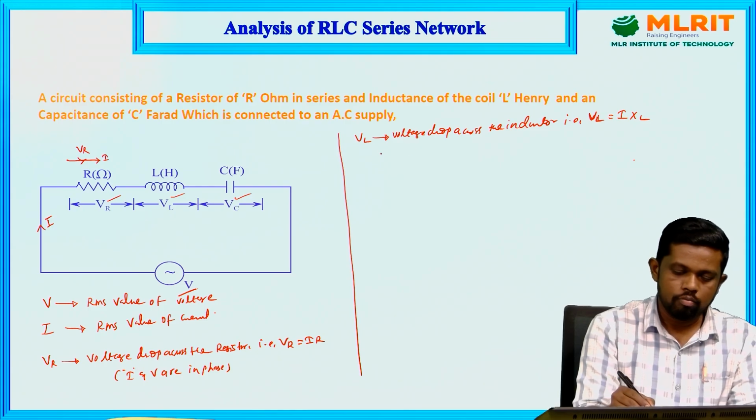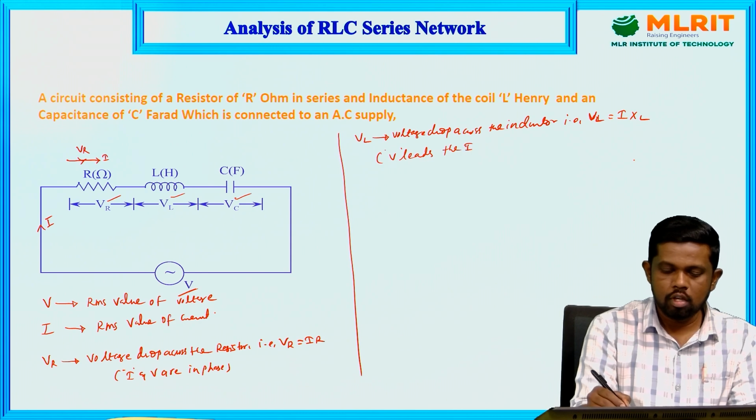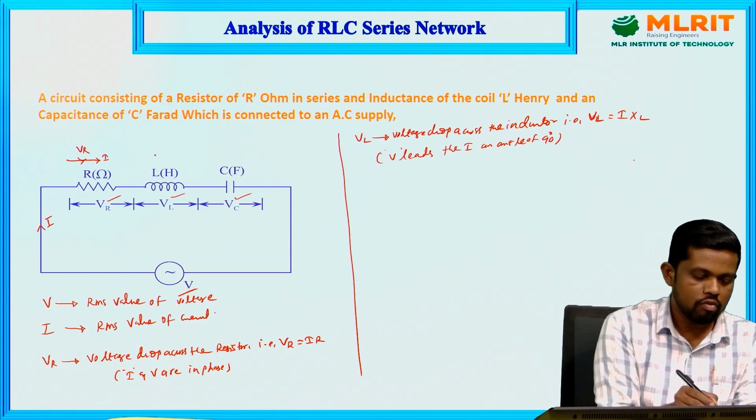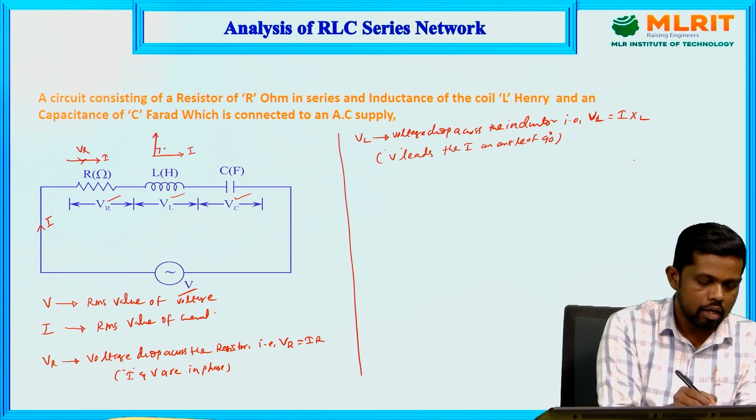So V leads the current by an angle of 90 degrees. Taking the current as the reference, in the case of an inductor the voltage always leads by an angle of 90 degrees.